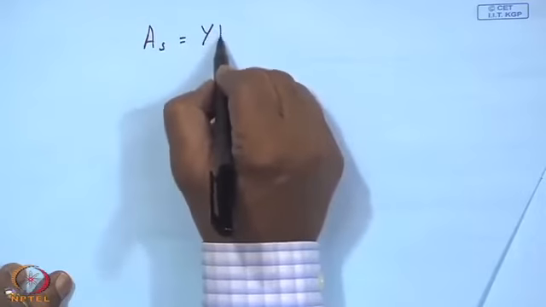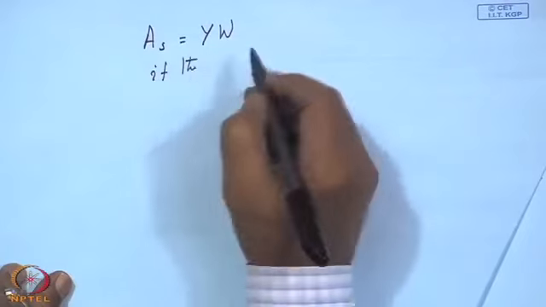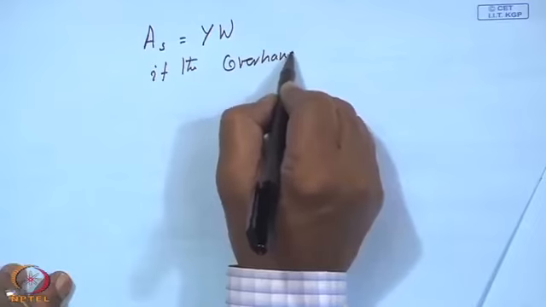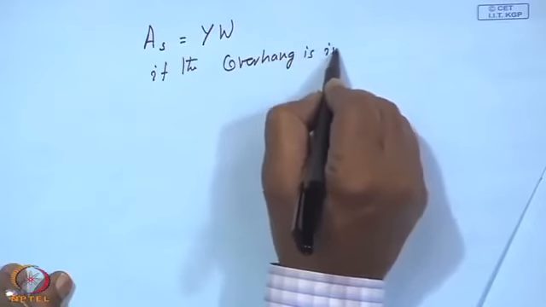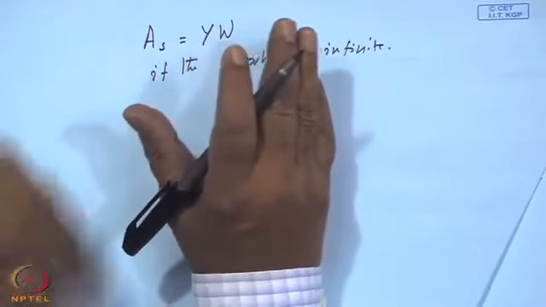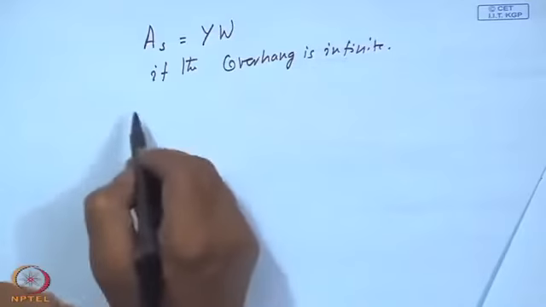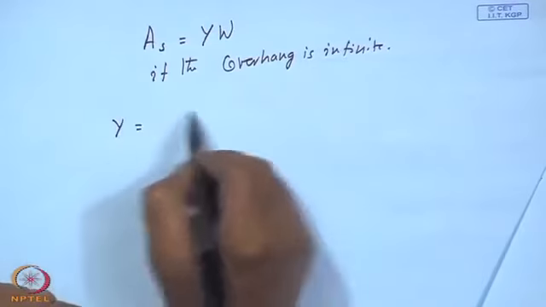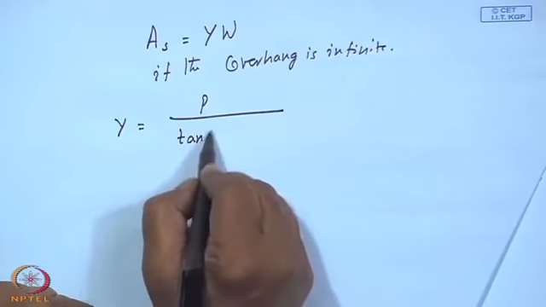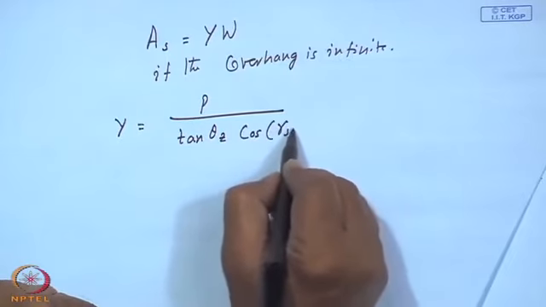A S will be y into W if the overhang is infinite. So, it is a rectangle no matter how much more than the width of the window it is going to have, and you can write y will be equal to the projection P upon tan theta z cos gamma s minus gamma.